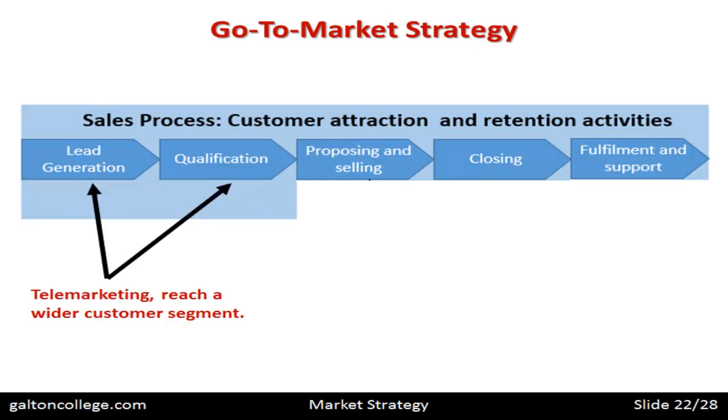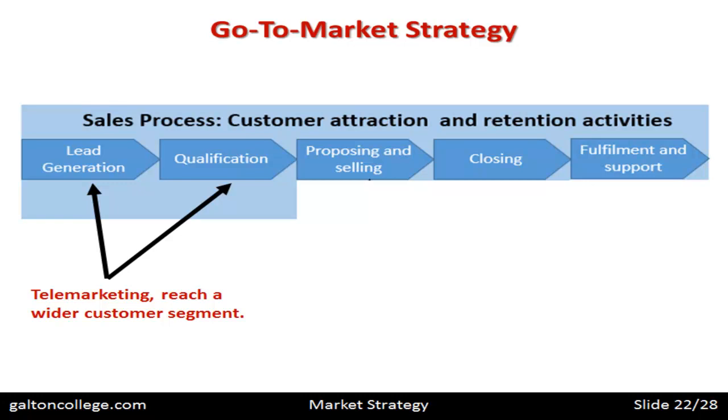So telemarketing reaches a wide customer segment. Telemarketing might be used to see if someone is interested in a particular product. The problem with telemarketing is that over the years it has generated a bad reputation. As I said earlier and in other videos, it's seen somehow as intrusive.